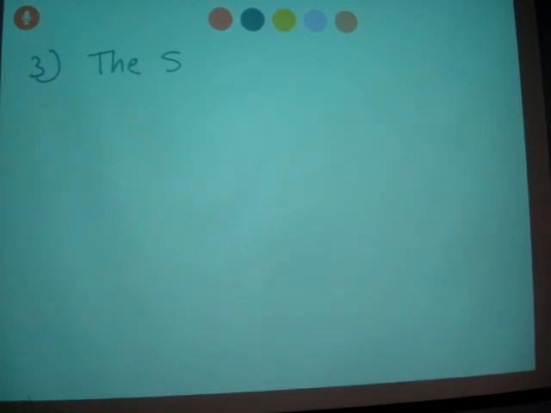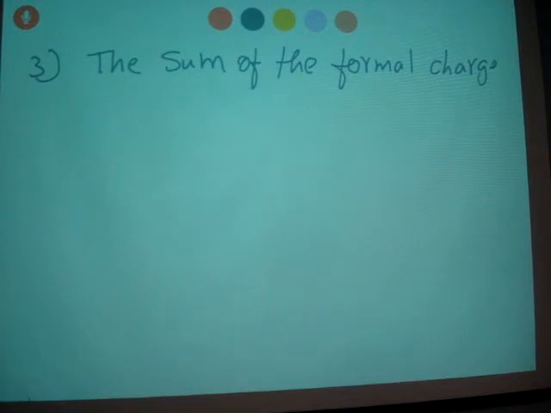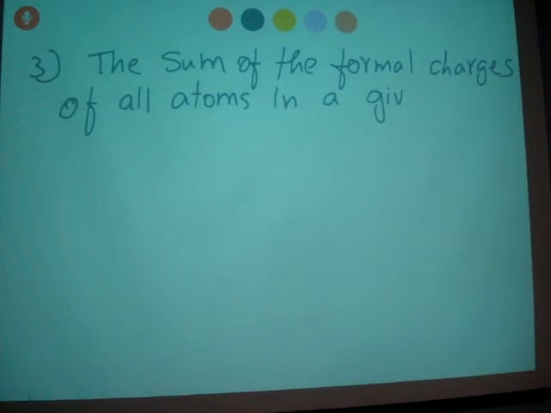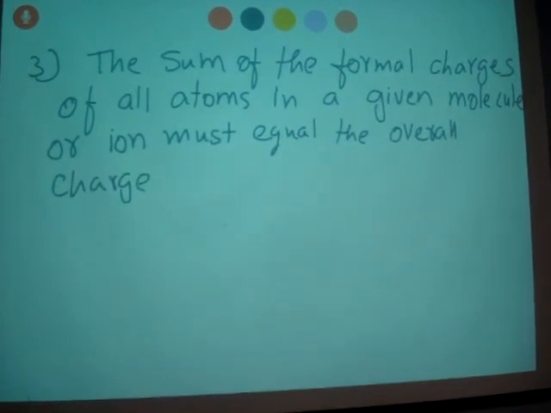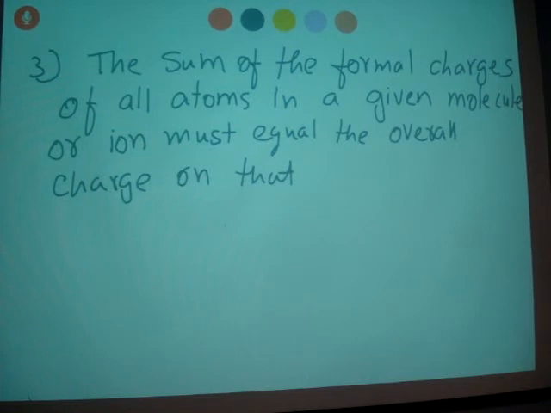The sum of the formal charges of all atoms in a given molecule or ion must equal the overall charge on that species.